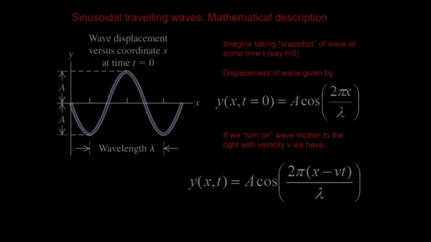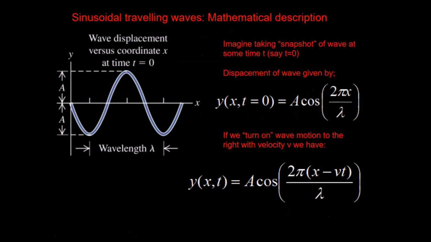So we're really moving towards a mathematical description of our wave. So again, here's another wave with amplitude and negative amplitude, both equal, so no damping or any other effects here. If we take a quick shot of our wave at any particular time, the displacement, essentially y, will be A cos 2 pi x over lambda.